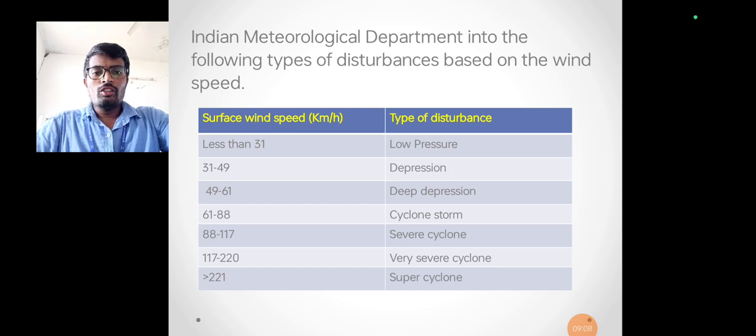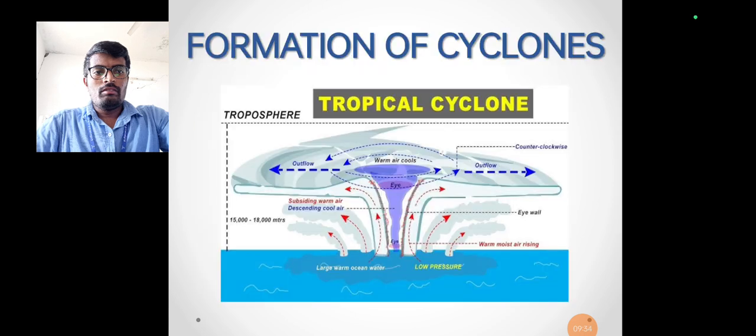If the surface wind speed is greater than 221 km per hour, the type of disturbance is super cyclone. So this is completely based upon the wind speed present in the low pressure area where the wind blows around. That is the classification based upon the wind speed.